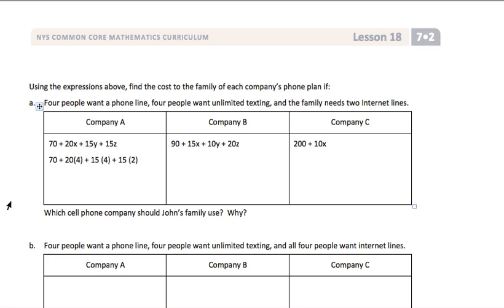And then we can further simplify and solve, which would be 70 plus 20 times 4, which is 80, plus 15 times 4, which is 60, plus 15 times 2, which is 30, and 70 plus 80 plus 60 plus 30 is $240.